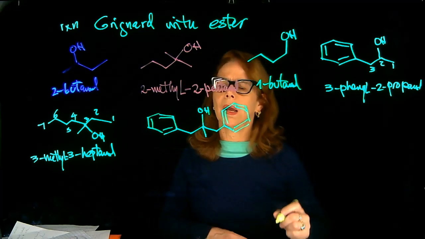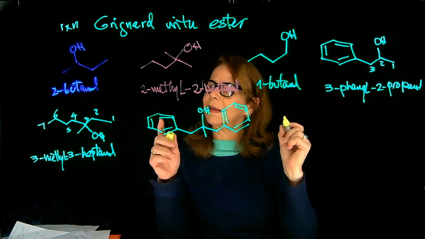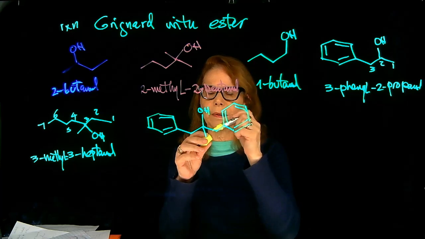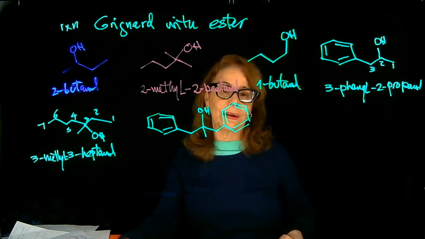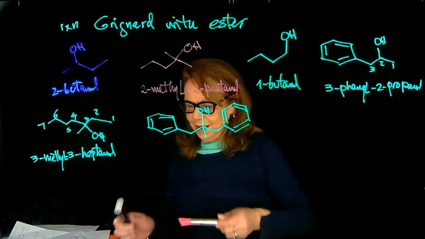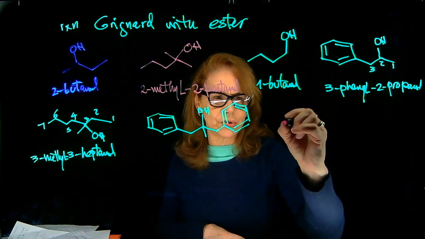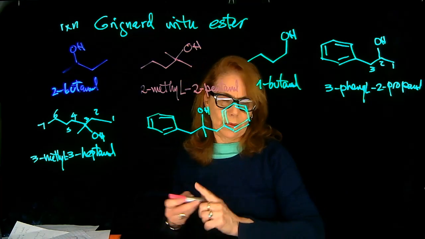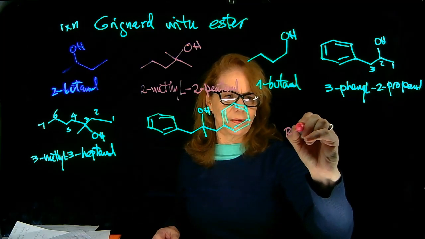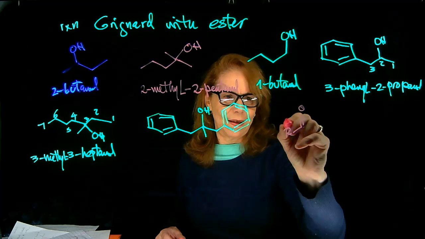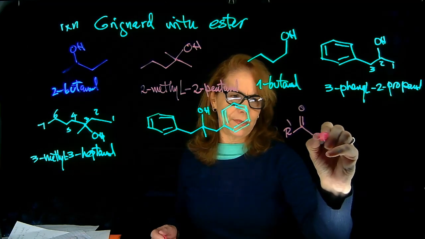Okay. And now let's analyze which of these can be prepared by the reaction of a Grignard with an ester. For that, let's remember what that reaction is. And here we go. I'm going to just draw a general ester. So let's say that I have this structure. I'm going to make OR here.